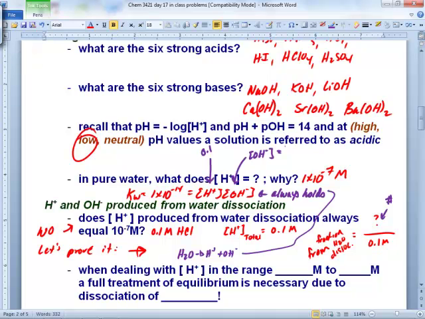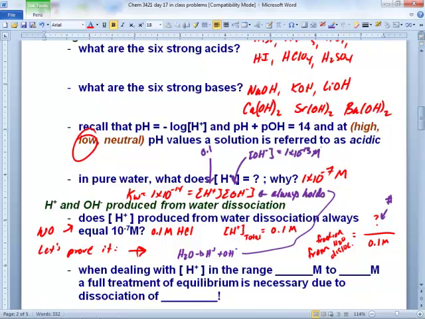That's 1 times 10 to the negative 13 molar. I can never do anything in my head. That's the concentration of hydroxide. Everybody agree? Because this Kw always holds, it's an equilibrium. Can't stop it from happening. Concentration of hydroxide is 1 times 10 to the negative 13.